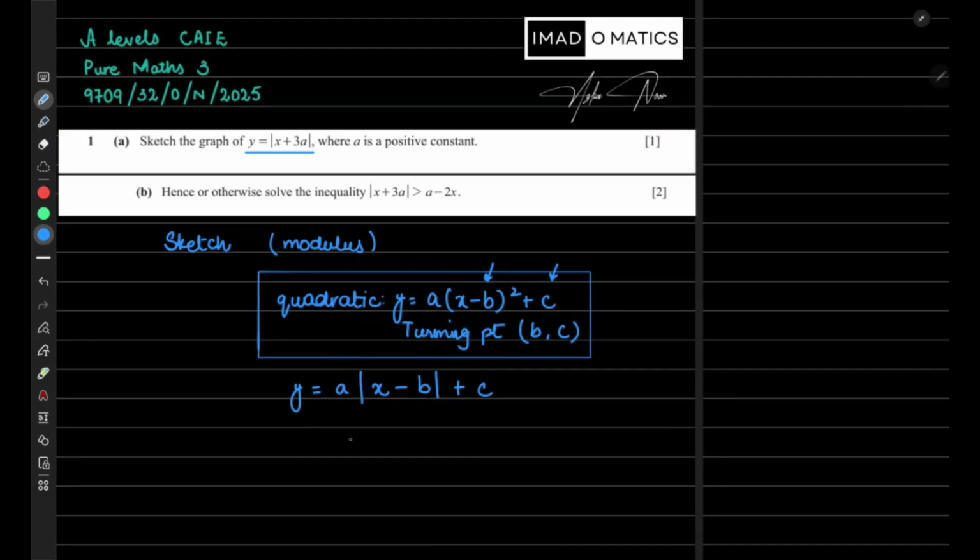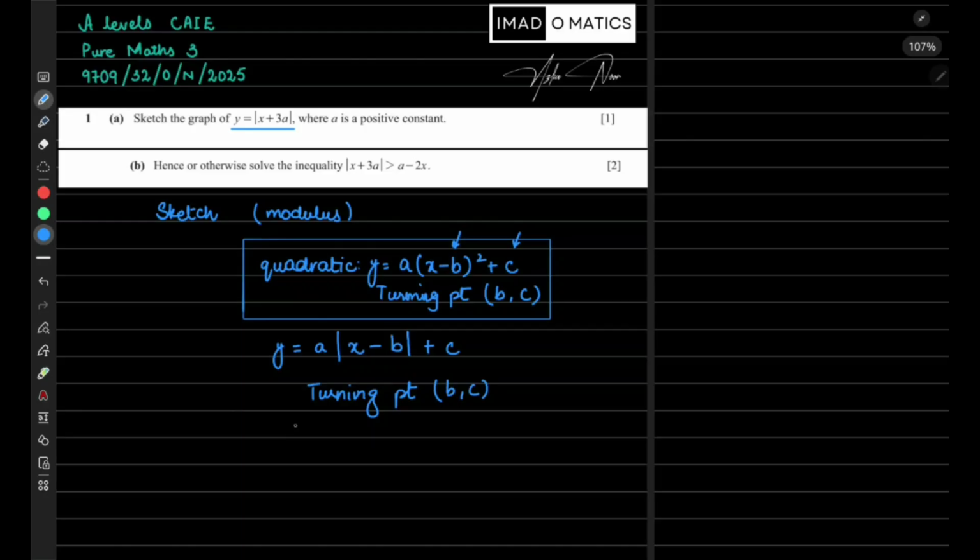Here also the turning point is inferred as (b, c). Again, a gives you the shape: if it is positive, your curve is like this; if a is negative, your curve is like this. So this is the whole thing about sketching of a modulus curve.